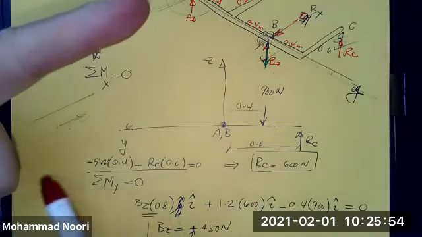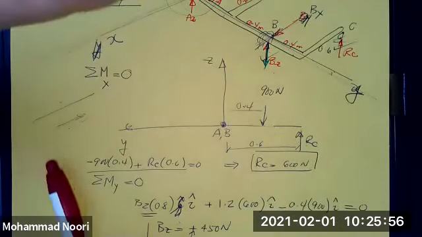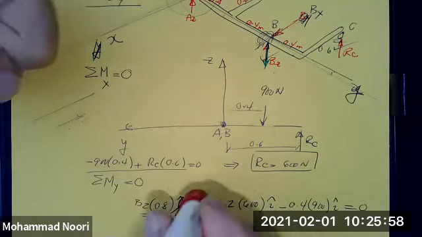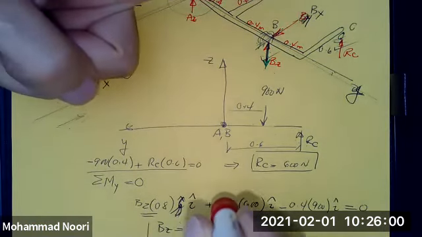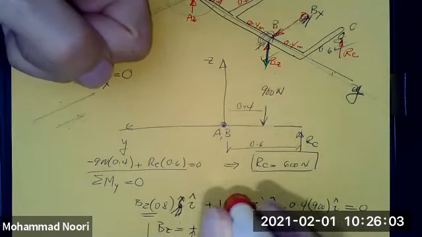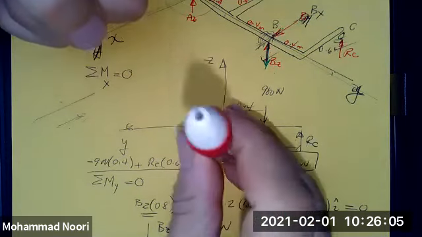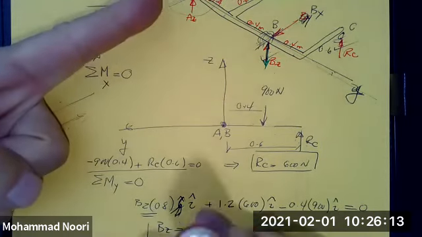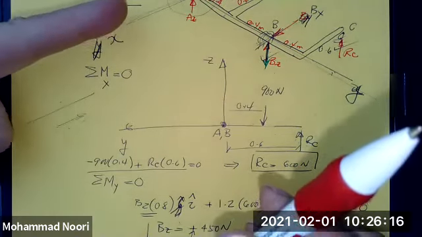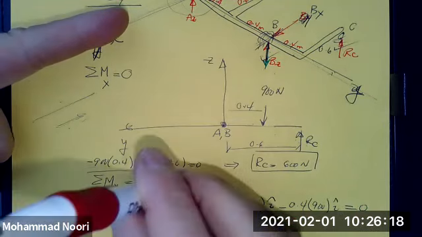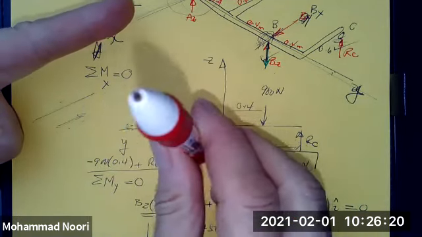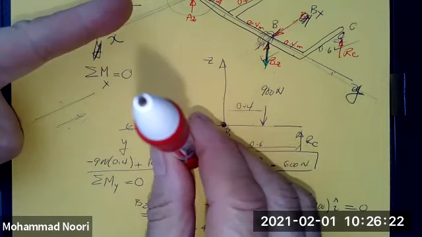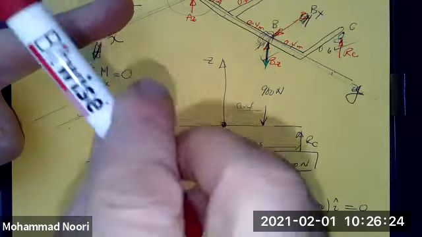Think of it this way. It's hard to show it. Can you see this? You're taking the moment, this is the force that you have. Let's say this is your x-axis, and this is the force, RC. So it rotates this way.